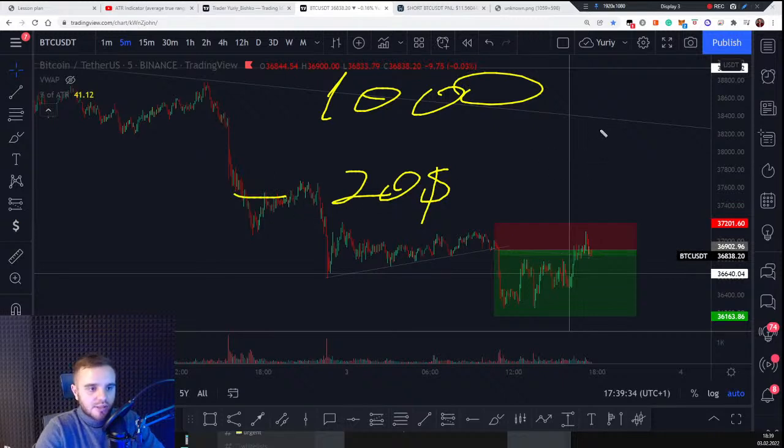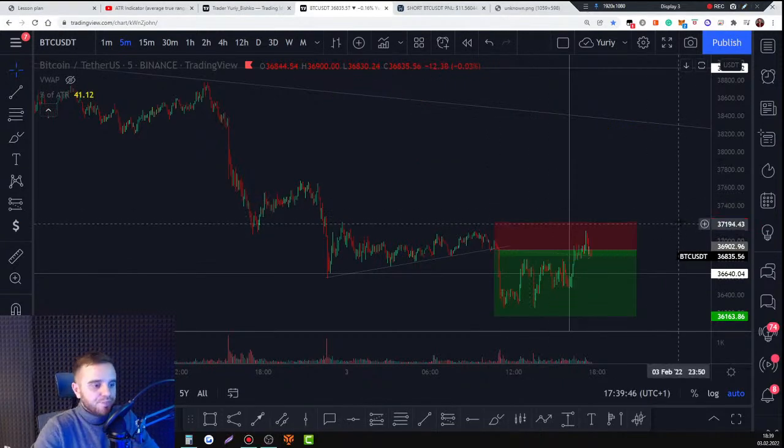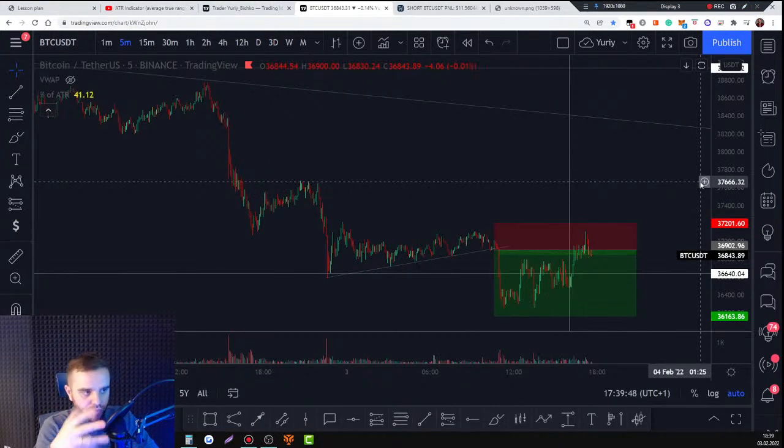You just once set 20x on your Binance account and that's it. I'll show you one example of when you will need to use it.